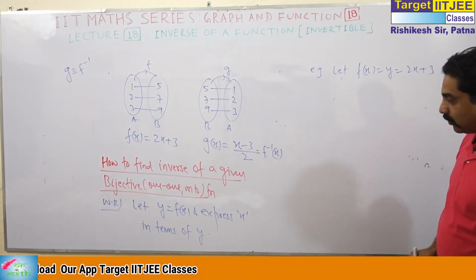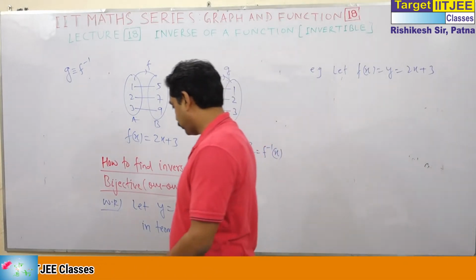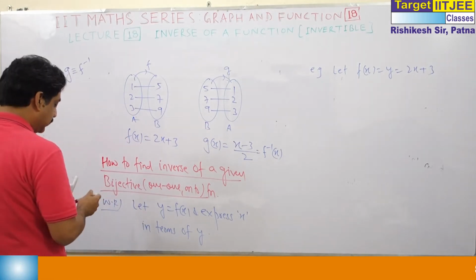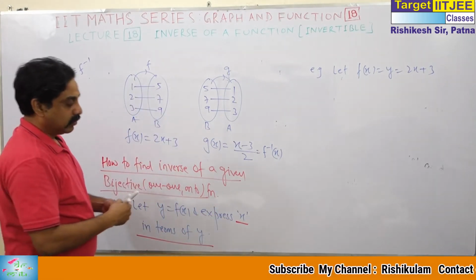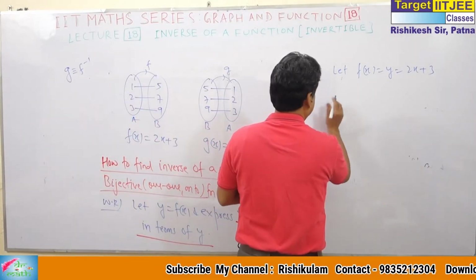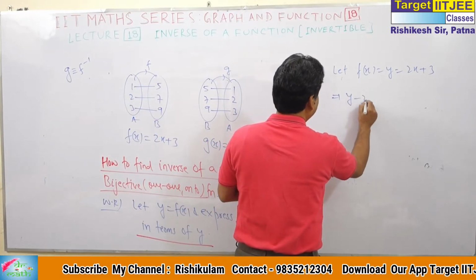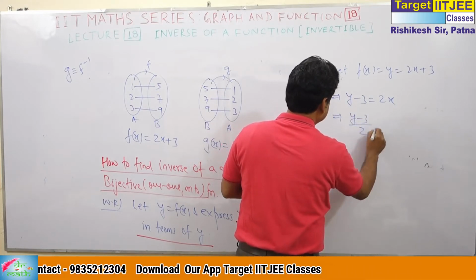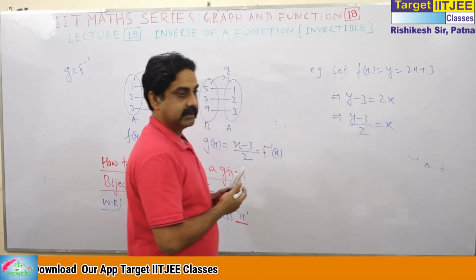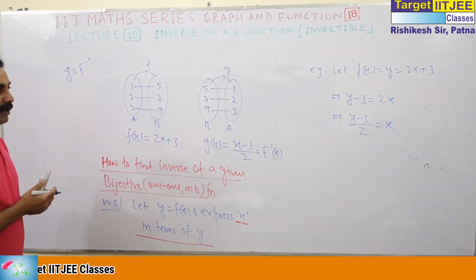What is the working rule? Express x in terms of y. This is important. So what do we do? y minus 3 is equal to 2x. So (y minus 3) by 2 is equal to x.